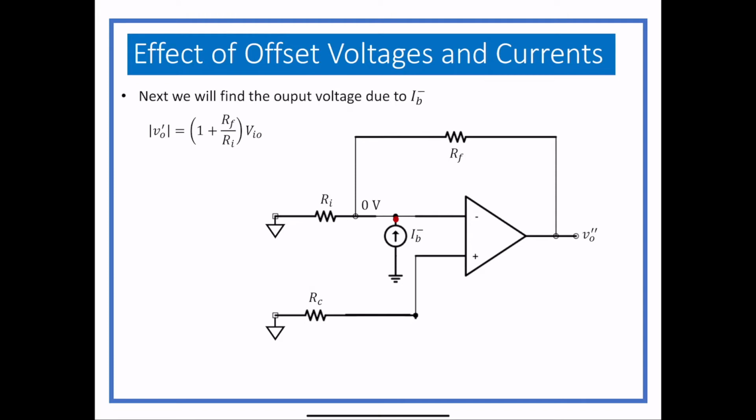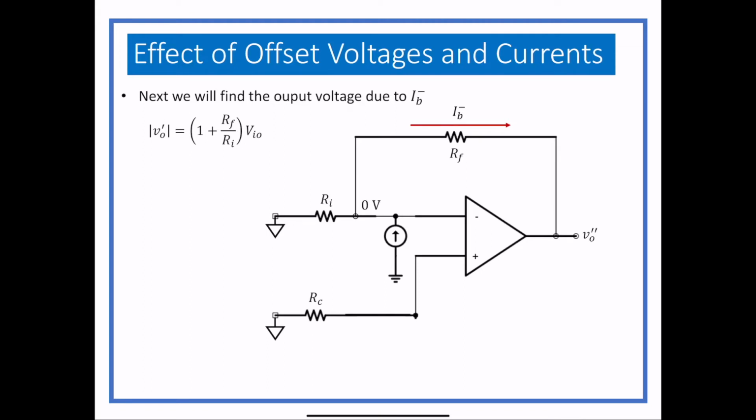So no place for the current to go through RI, which means it can't go into the op amp and it can't go through RI. So the only place the current can go is around that loop to the output. That's the only place the current can go. So that means there's just one current, and that's IB minus.